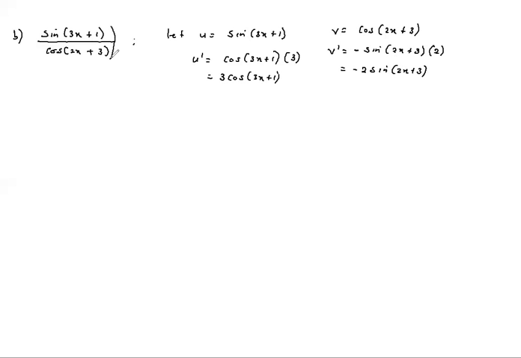So you're saying the derivative of this is equal to u prime, which is 3 cos 3x plus 1, multiplied by v, which is cos 2x plus 3, minus the derivative of v, which is minus also, 2 sine 2x plus 3, multiplied by u, which is sine 3x plus 1.